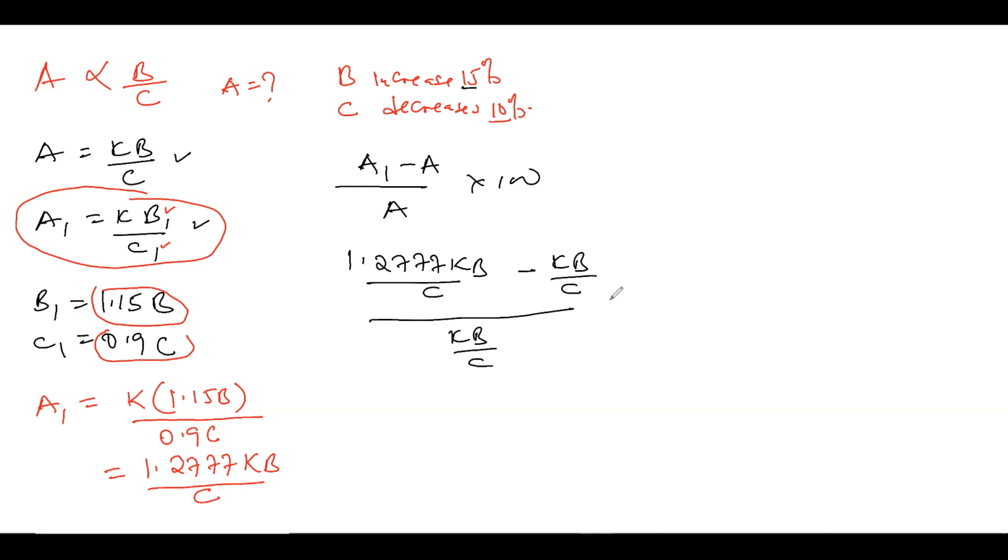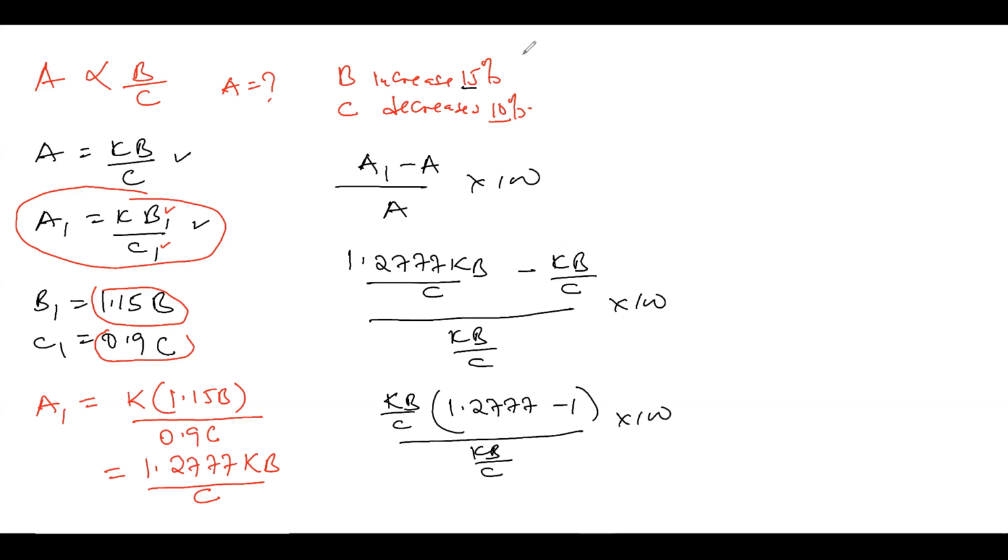C, then times 100. But now you can see from the numerator that KB over C is common in both places. So we factorize. You write KB over C, then into brackets 1.2777 minus 1, over the denominator which is KB over C, then times 100.